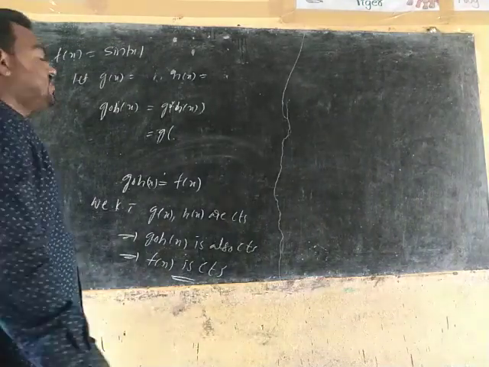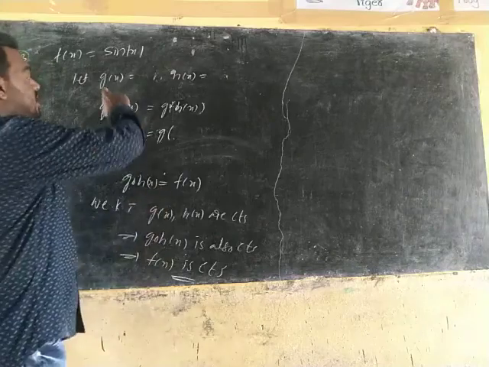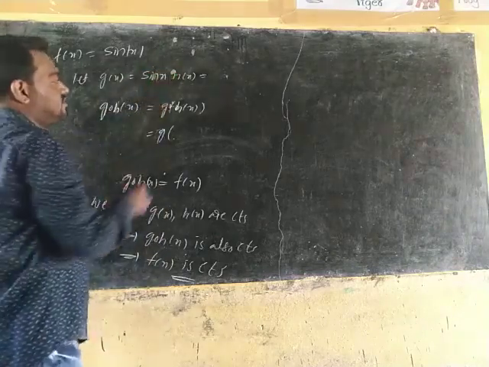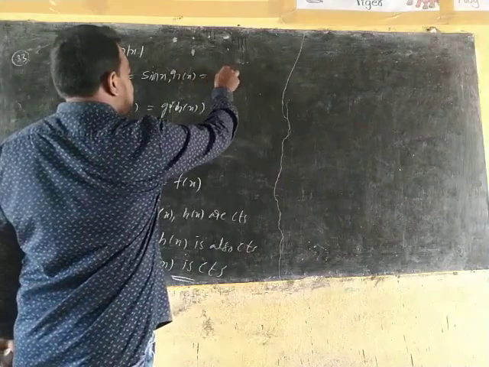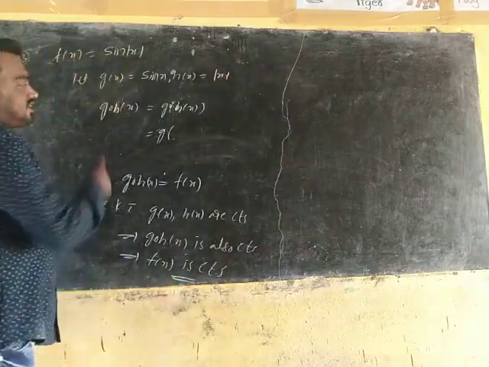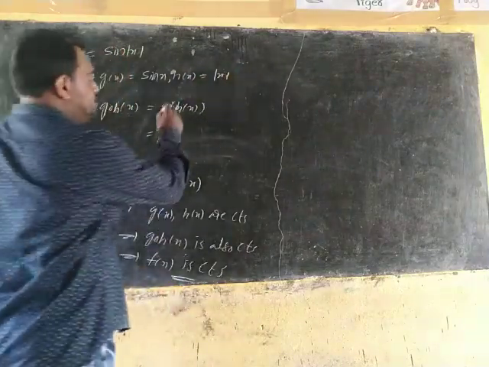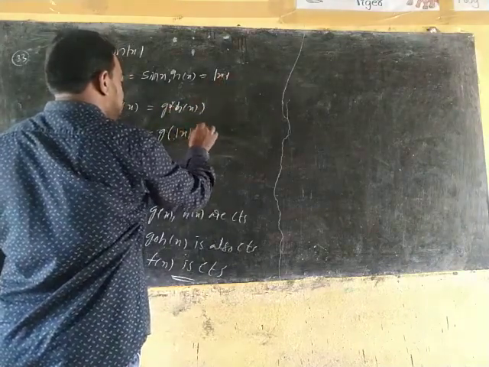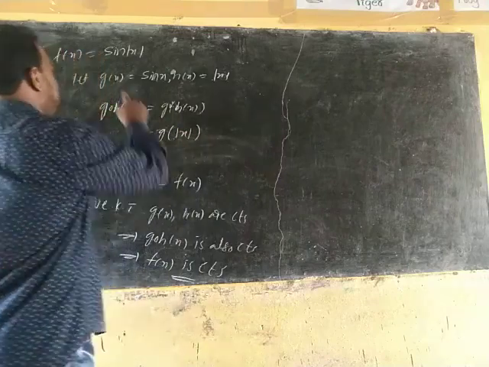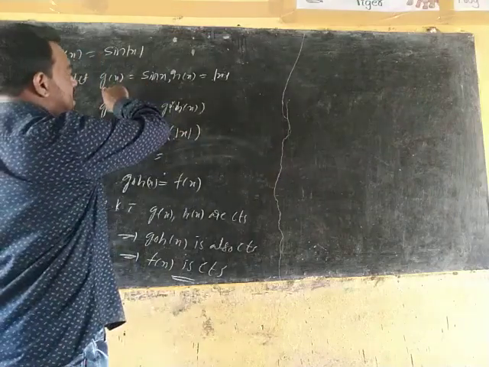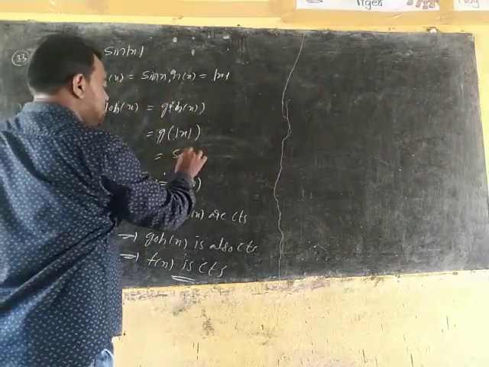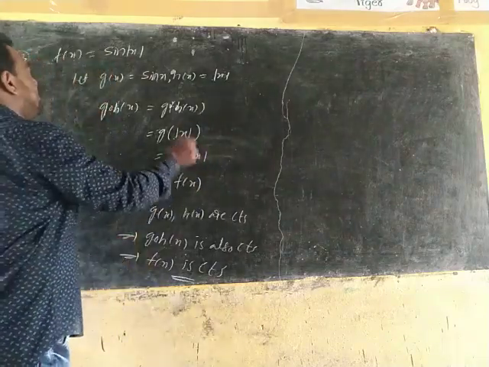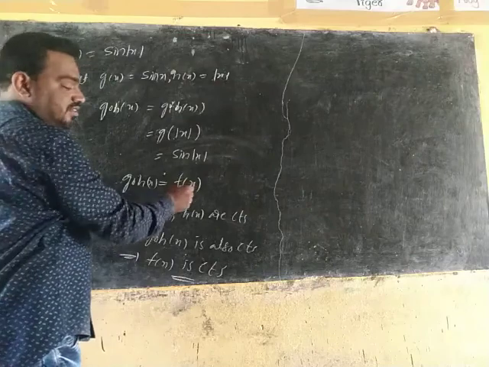You see what we are assuming first. g of x, I am assuming sin x, h of x is mod x. Now g circle h of x I am finding. g of h of x is g of mod x. g of x is sin x, so g of mod x is sin of mod x.